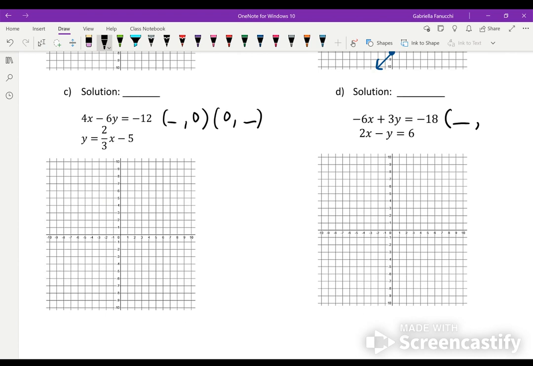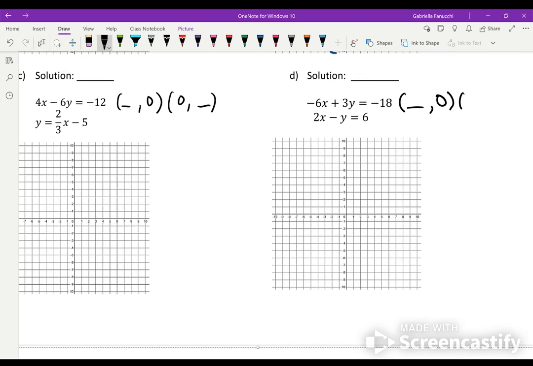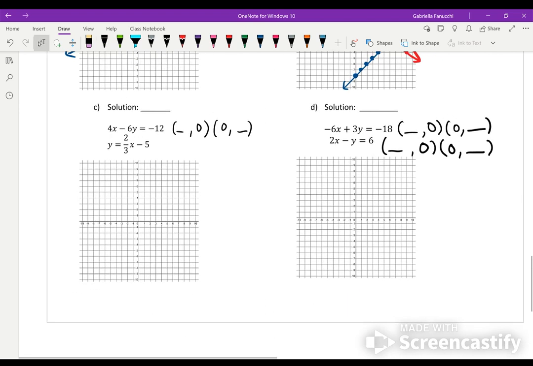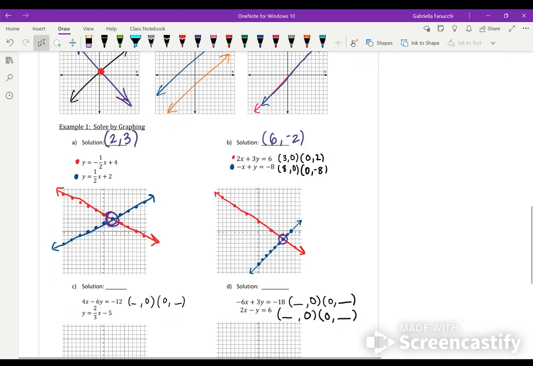And for this one, same thing. You can get your y-intercept and your x-intercept. I'll be checking those because you should be able to graph these now at this point since we've gone over a couple examples.